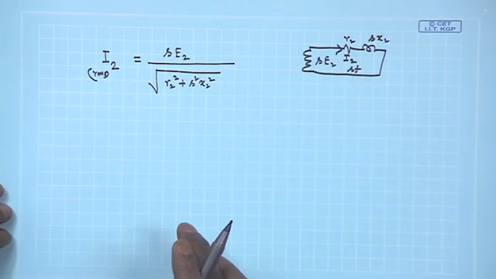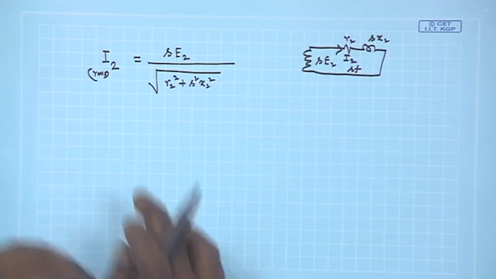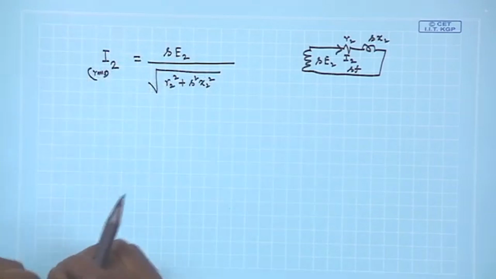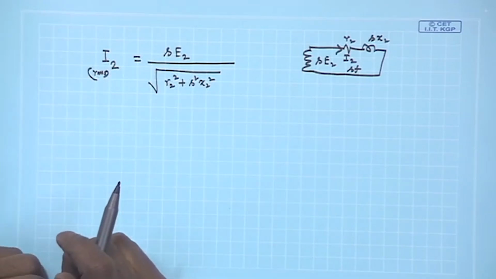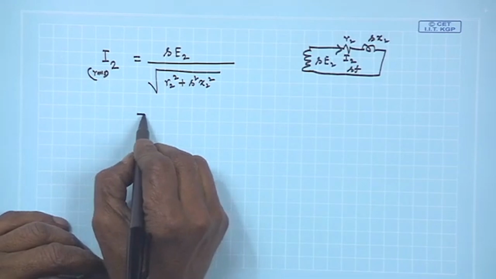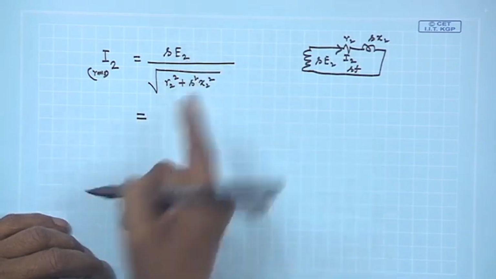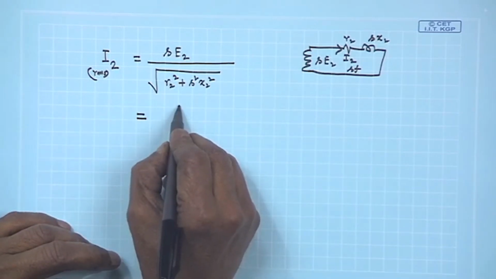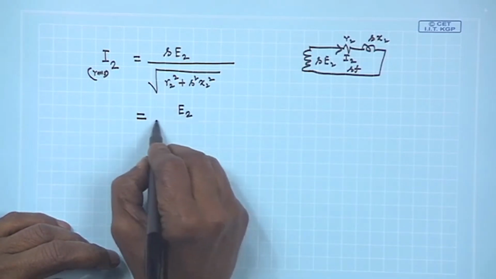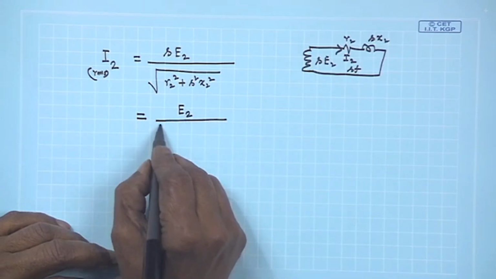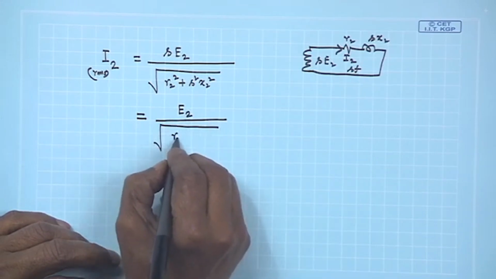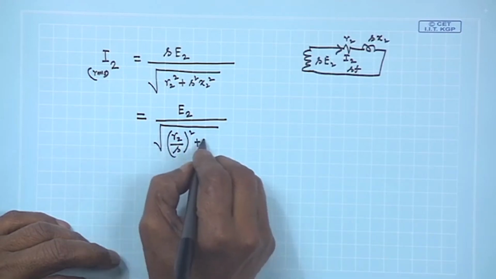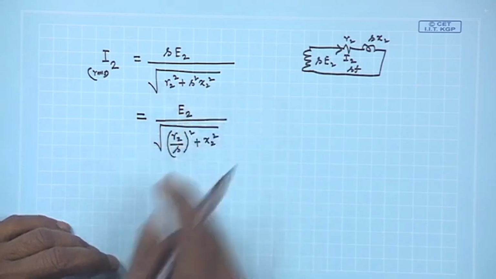Now, let us see this expression of the current, I will manipulate it a bit. I will divide both numerator and denominator by S, so that this will become E 2 divided by square root of R 2 by S whole square plus X 2 square. This way I can write it.